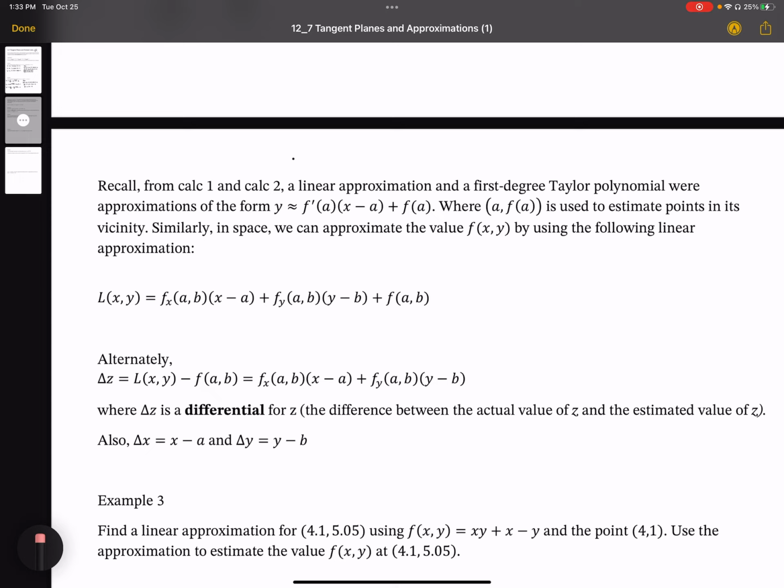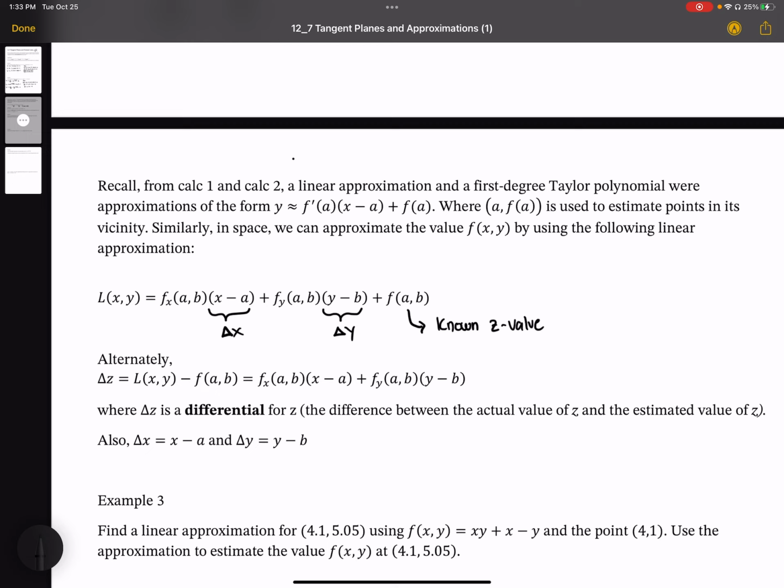this part, this x minus a, is our delta x, and this y minus b is our delta y, and this f of ab is our known z value.